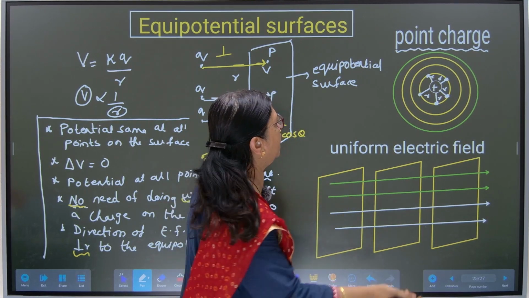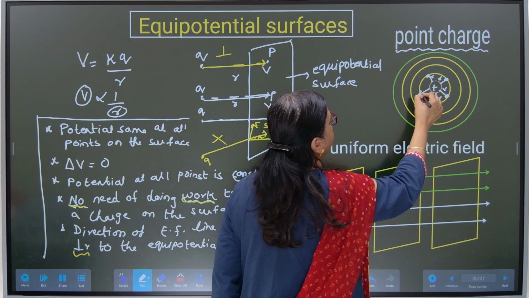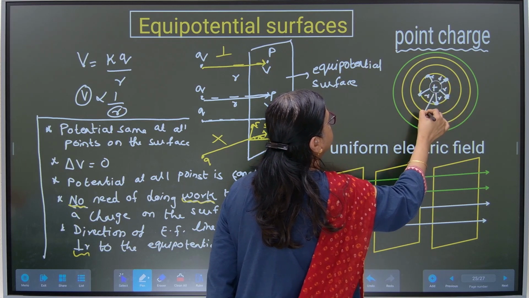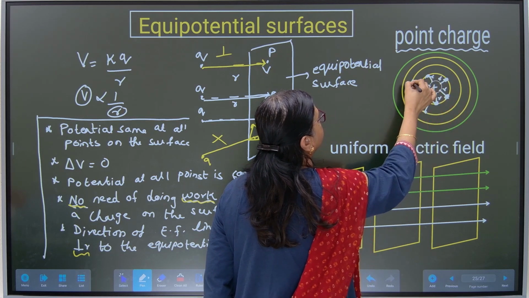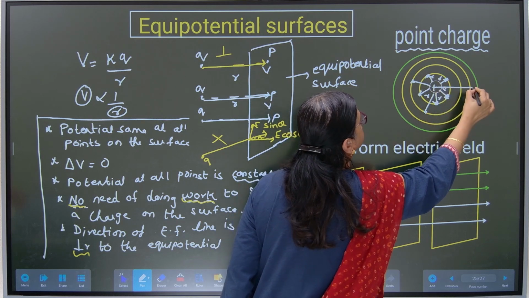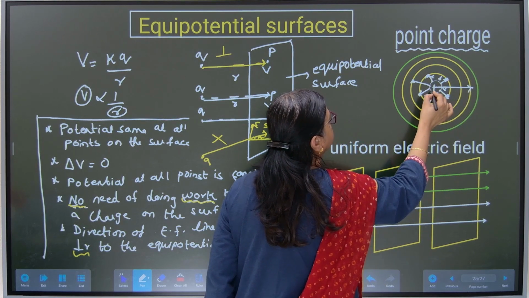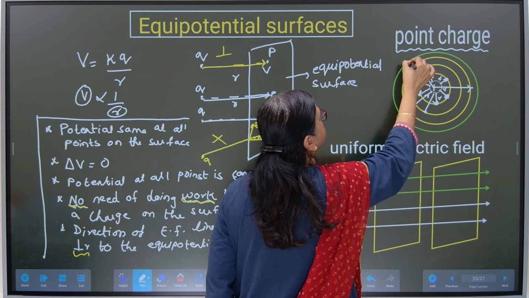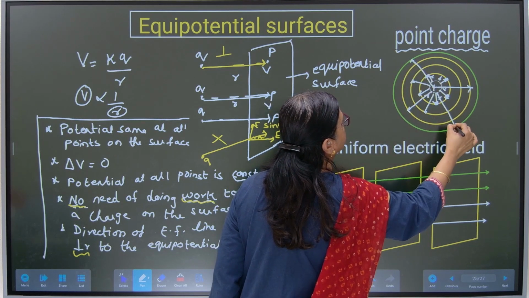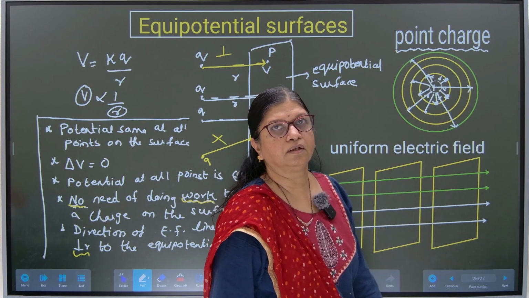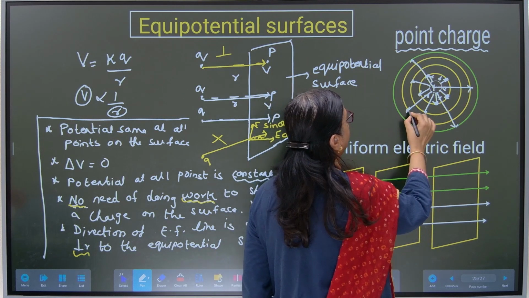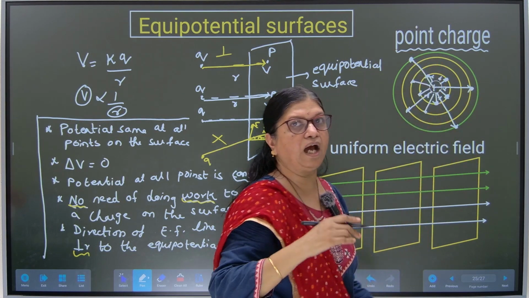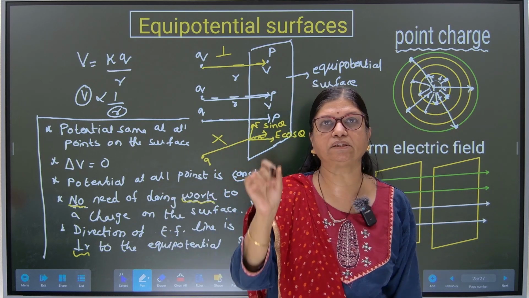So the distance between the point and the charge will be the same for that circle. The next circle, I consider the same. Agreed? Next circle, let me consider the same. I am just randomly drawing different points on each circle from the charge so that I get R. R is the same for every concentric circle.